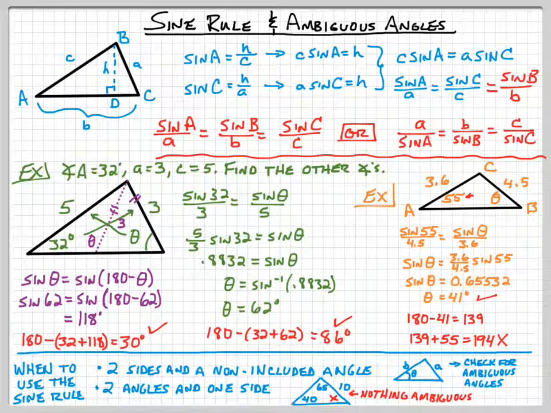All the angles are going to be set forth for us right at the very beginning. So these are a little bit easier because you don't have to go that extra step to check like you do with two sides and a non-included angle. But these are basically the two different scenarios where you can use the sine rule when you're trying to find sides or angles of a non-right triangle.